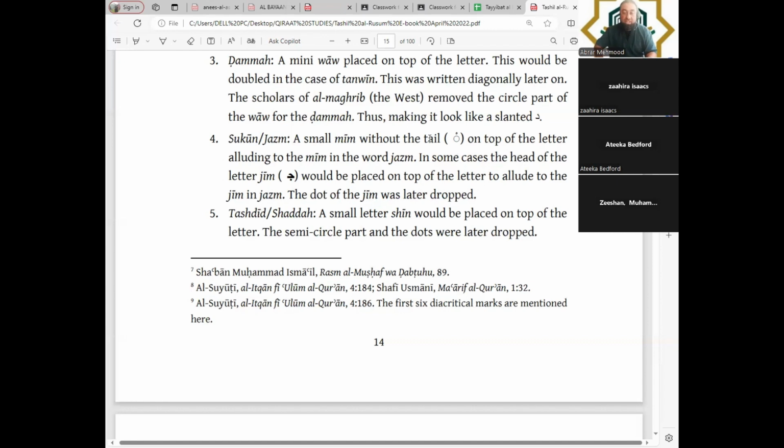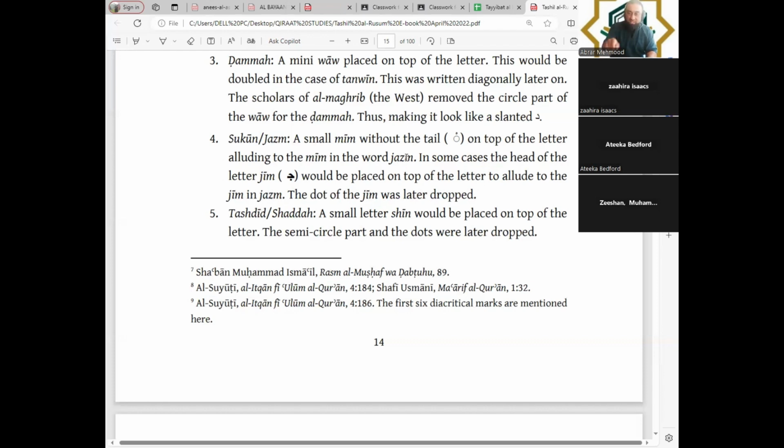Okay, but there again, what was unique is that it was a meme, but the tail part, the bit that was going down, was taken off, but it was indicating towards jazm. So jazm is spelled as jim, za, and meme. Okay, so jazm: jim, za, and meme.